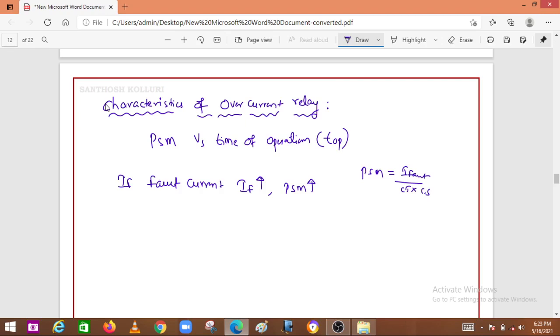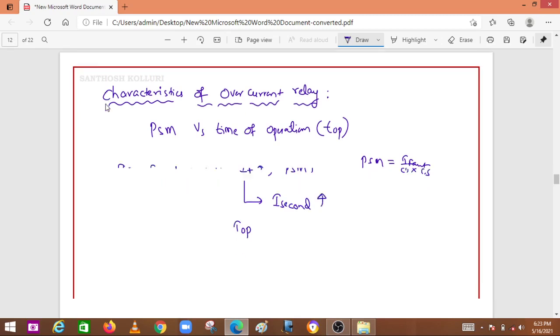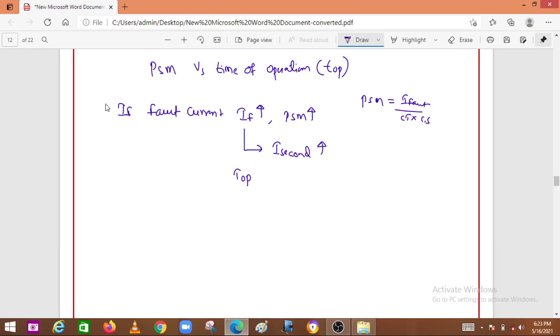That means the secondary side of the CT current will also be increased. So therefore the operating torque, which is equal to K1 into I square, will also be increased, right? Then the net torque, which is nothing but operating torque minus restraining torque, will also be increased.